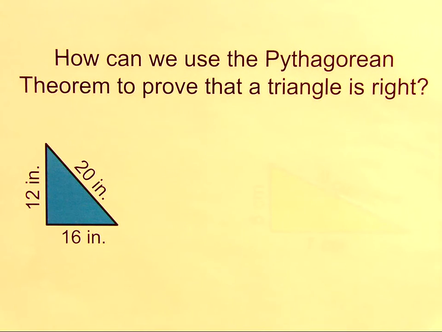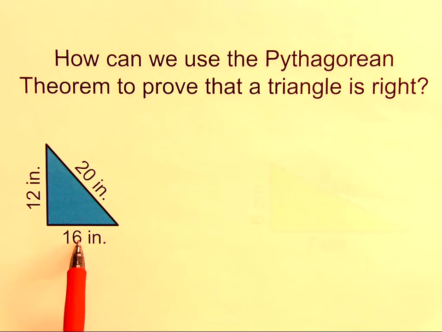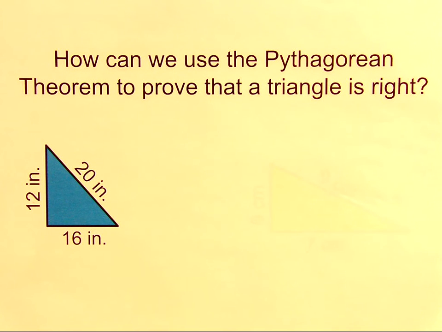Okay, so I have a triangle here. I've got three sides labeled. It looks like there's probably a right angle here. But oftentimes in geometry, you'll see that it's not drawn to scale. So I may be tricking you here by giving you a picture that looks like a right triangle. But if I were to actually build a triangle with these measurements, it may not be a right triangle.